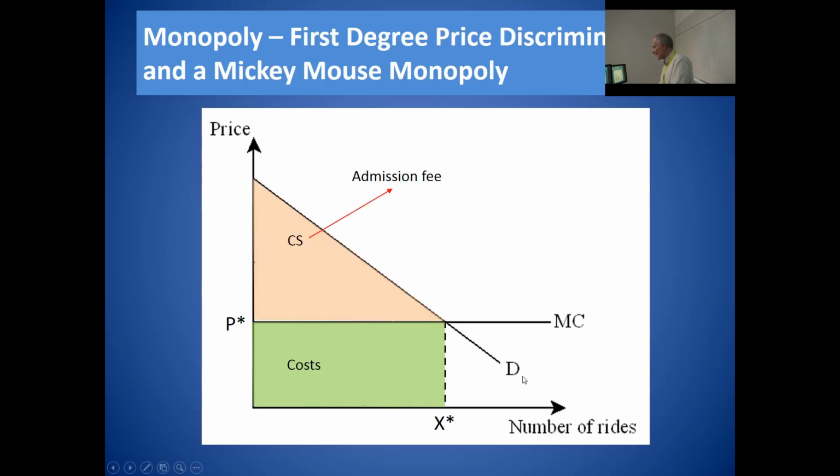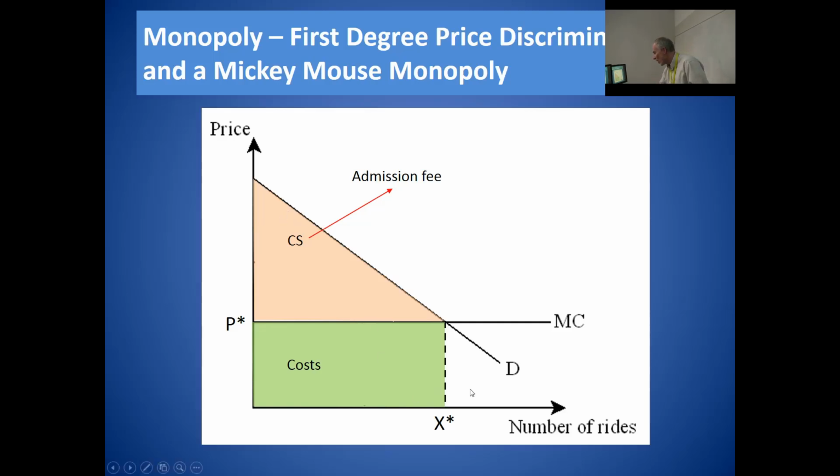But that consumer surplus that customers would derive is now the maximum price of admission that can be charged. And that is exactly what theme parks do. They charge a price equal to the marginal cost per ride, and then all of that consumer surplus that would be generated is the admission fee.